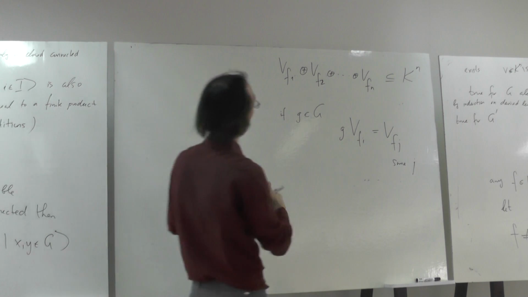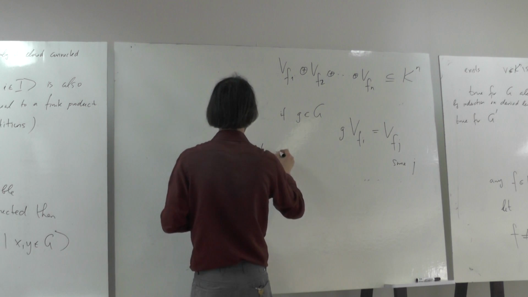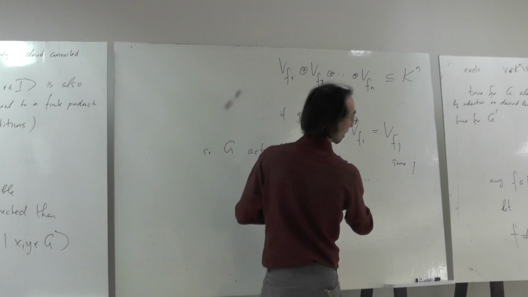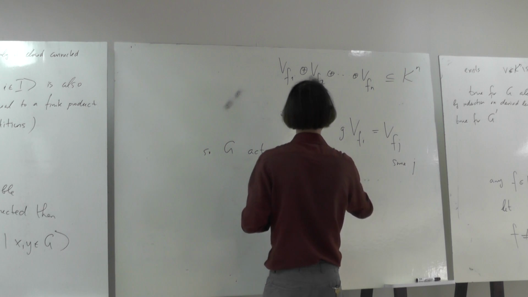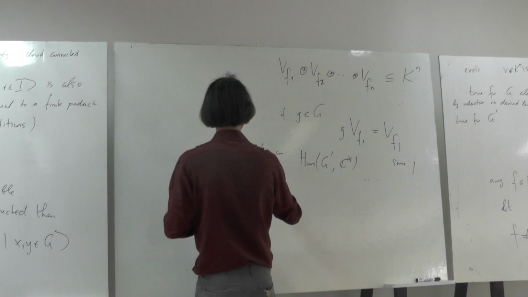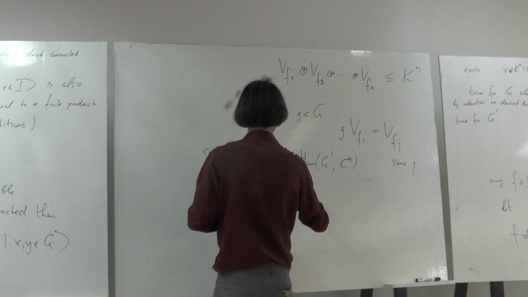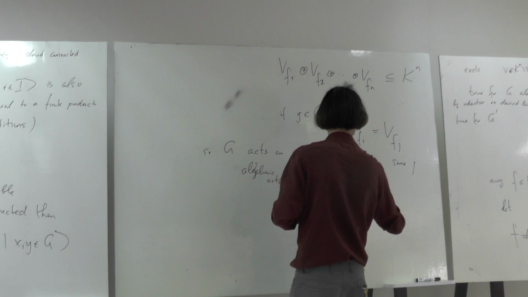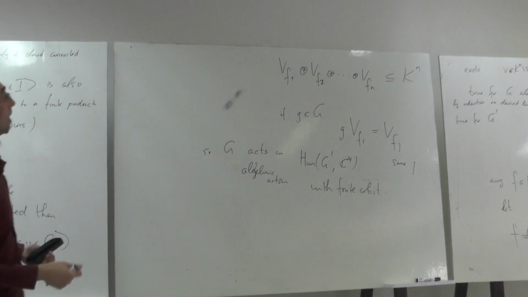And this is an algebraic action. So this way, G acts on Hom(G prime, C star). So this is an algebraic action with finite orbit.